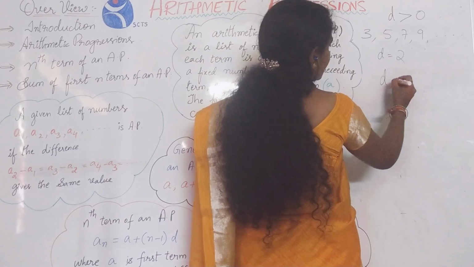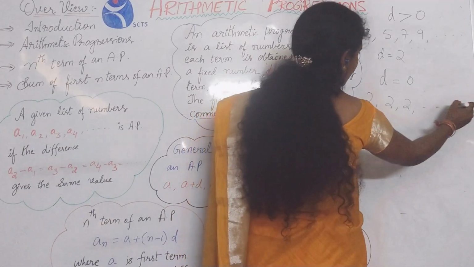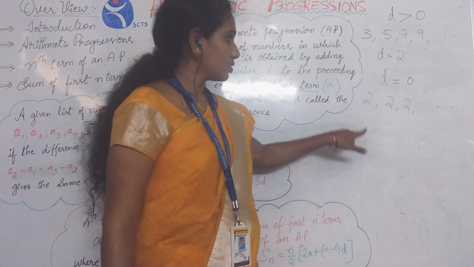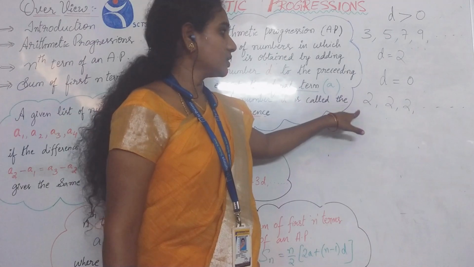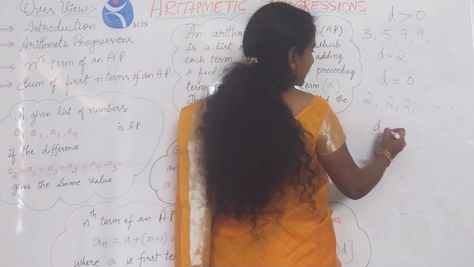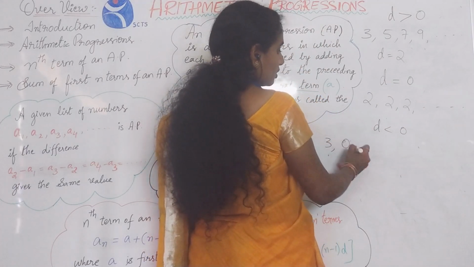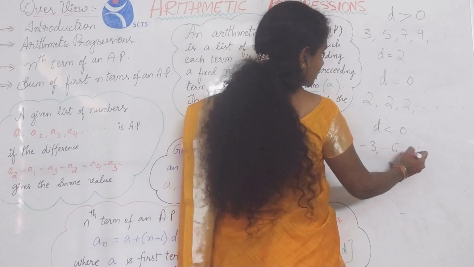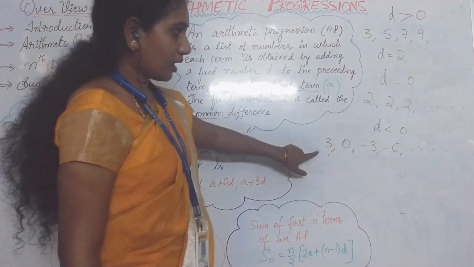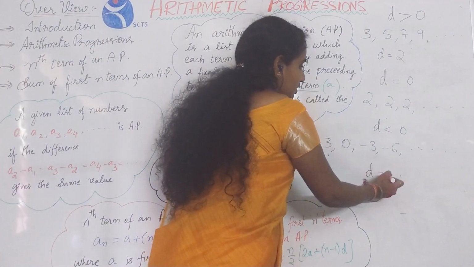And if d is equal to 0, for example, 2, 2, 2, 2, and so on, this is also an AP. Here the d is 0. So if d is 0, then the AP is a constant. If d is less than 0, for example, 3, 0, minus 3, minus 6, and so on, then you have d equal to minus 3 here, which is less than 0.